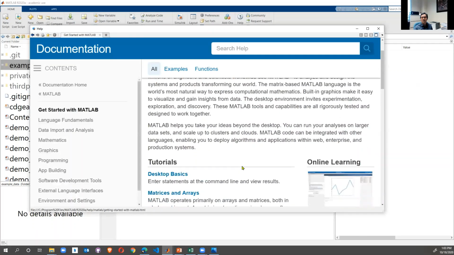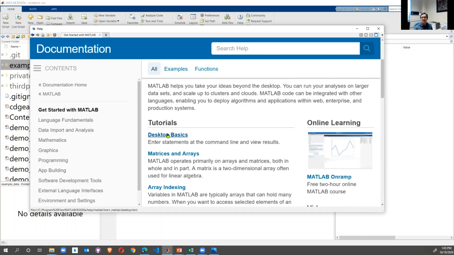Yeah, we can, for example, click this start. You have the desktop basics.